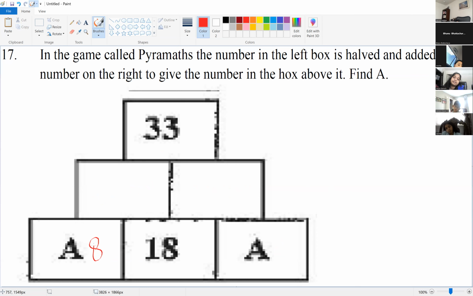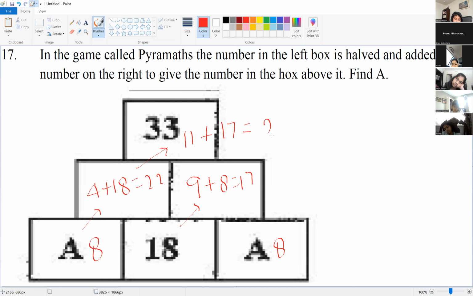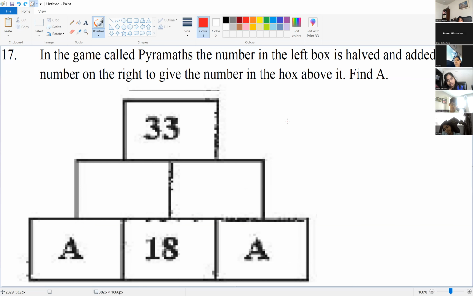Let's start with 8. So half of 8 is 4. 4 plus 18, which is 22. And this would be 9 plus 8, which is 17. So this would be 11 plus 17, which is 28. So we're almost there, but not quite. So I'm going to try the next number, 12.